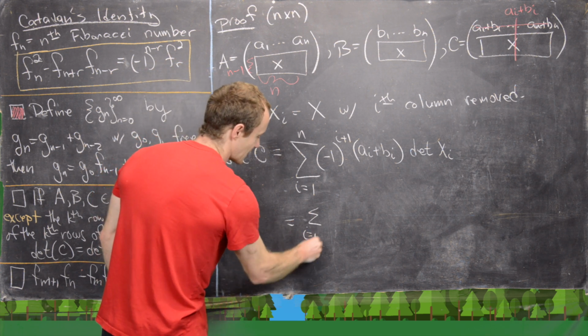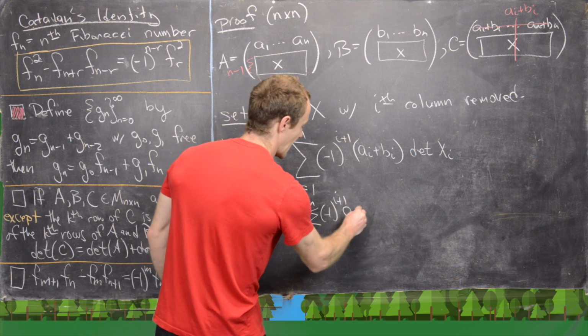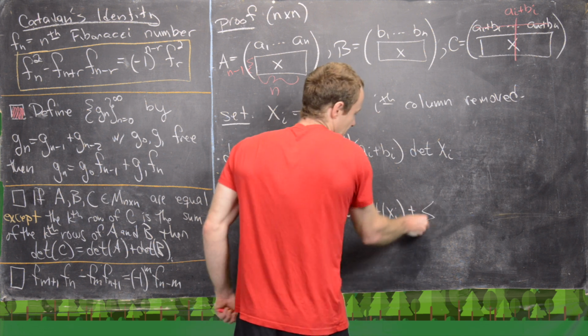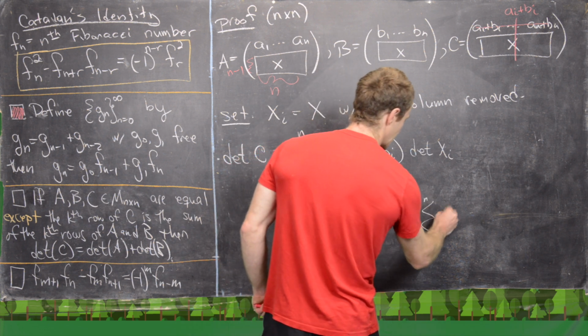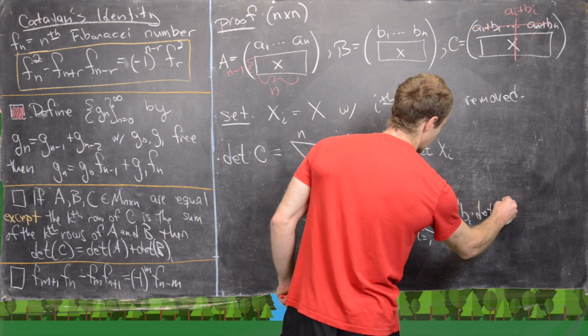So that's going to be the sum i equal 1 to n of minus 1 to the i plus 1 ai determinant of xi plus the sum i equals 1 to n of minus 1 to the i plus 1 bi determinant of xi.